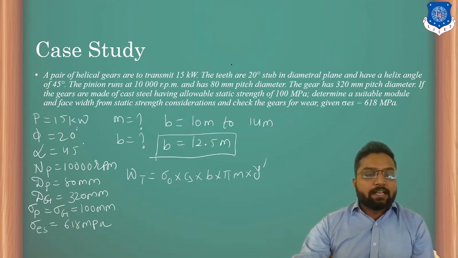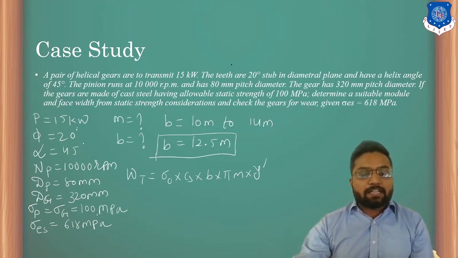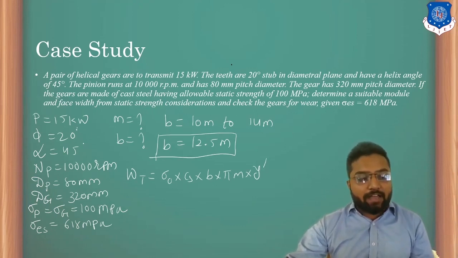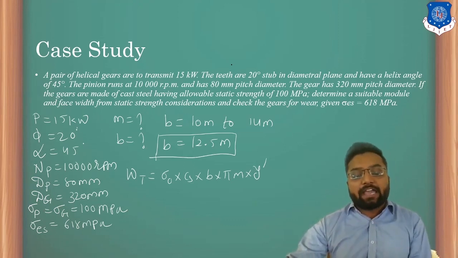Here you can see sigma p and sigma g will be the same. It's not mm, it is megapascal, so it is 100 megapascal. So our y, or you can say the multiplication of y with sigma p and sigma g, is going to depend on the number of teeth on the gear and pinion.